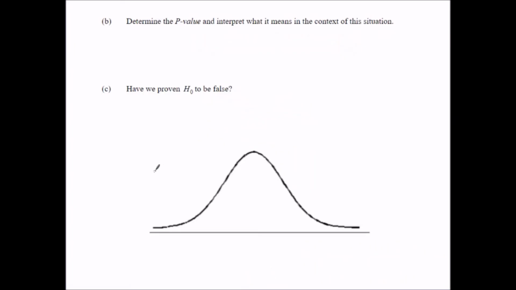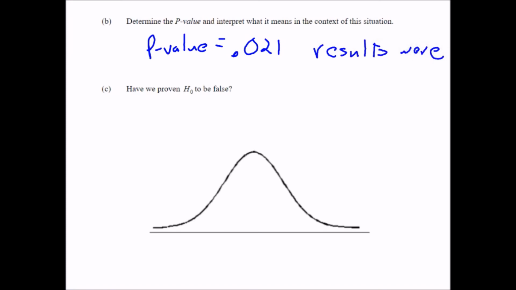It says determine the p-value and interpret what it means in the context of this situation. So the p-value was equal to 0.021. And what that means is that since it's low, the results were unlikely to be caused by chance.